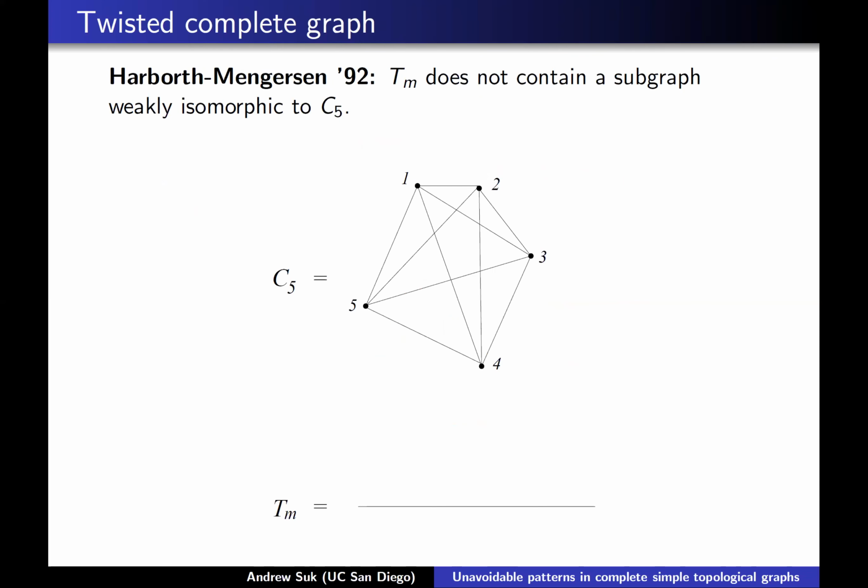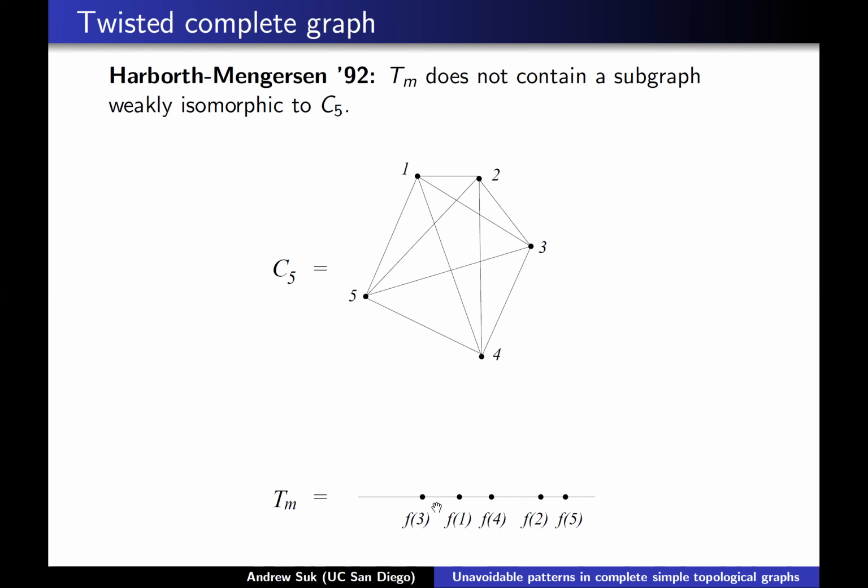It was first shown by Harborth and Mengersen back in '92 that the complete twisted graph does not contain, up to weak isomorphism, this C5 here. There are many ways of seeing this. One way is the following.